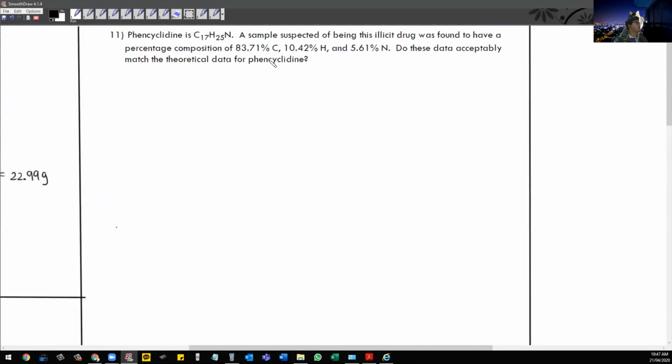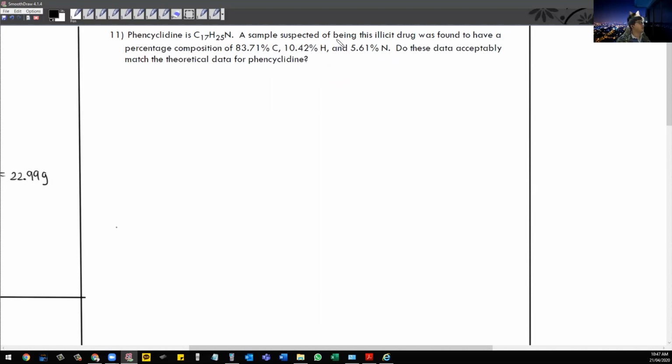Now it gets a little bit difficult when it doesn't give you the exact formula, but it only gives you the percentage composition, and you have to come up with a formula using those percentage compositions. So let's read the question. It says phencyclidine is a C17H25N.